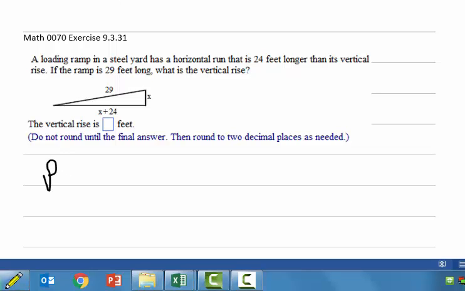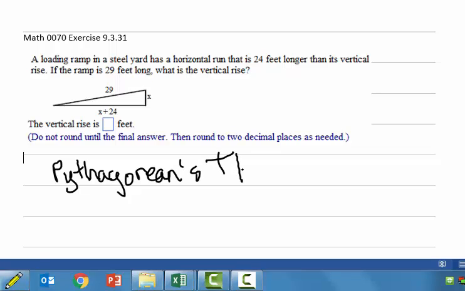And Pythagorean's theorem tells us that if I have a right triangle, then the sum of the squares of the legs, so in this right triangle, the legs are x plus 24 and x.